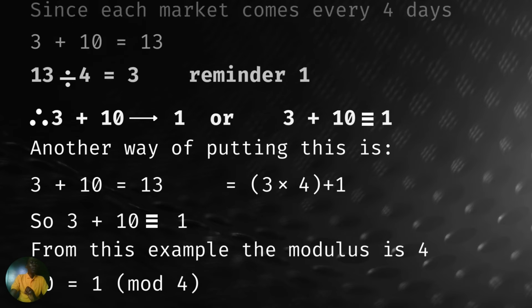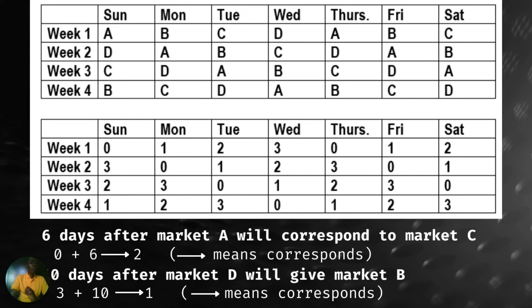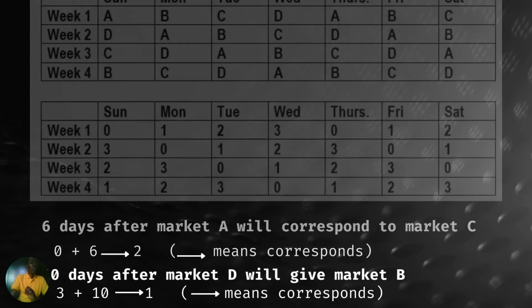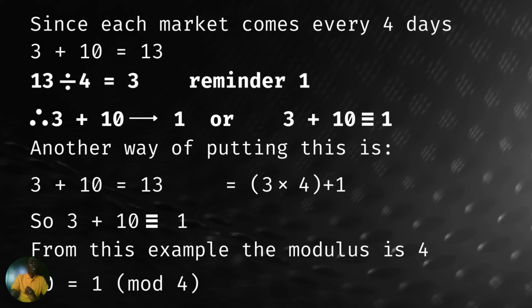And if you notice, it falls on 1, on market day B, which is 1. So you see how it rhymes. Another way we do that is 3 plus 10 is equal to 13. So 3 times 4 will give us 12, plus 1 will be 13, because the remainder is 1.